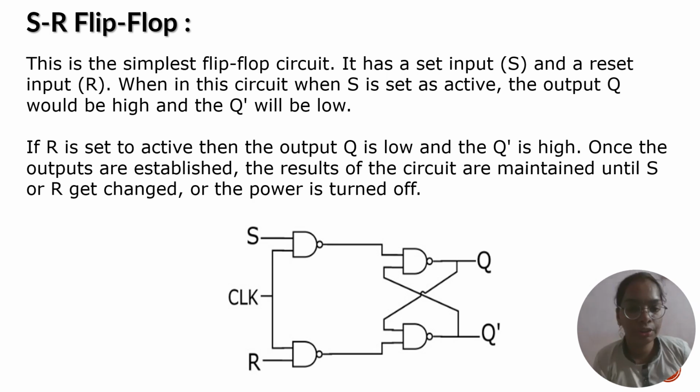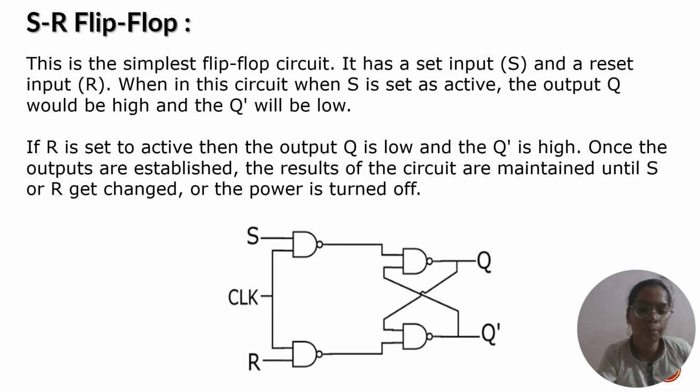When S is active, the output Q would be high and Q bar will be low. If R is set to active, then the output Q is low and the Q bar is high. Once the outputs are established, the result of the circuit is maintained until S or R get changed or the power is turned off.